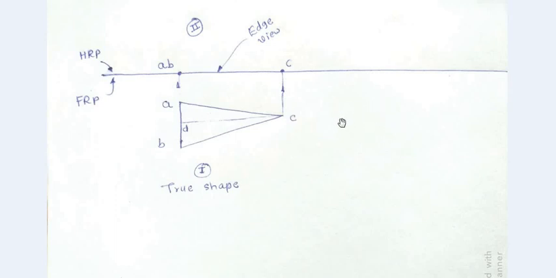Now the available top view is the first top view, which is an isosceles triangle. Now it has to appear as an equilateral triangle after its inclination with HRP, and the dimensions of the equilateral triangle are given as 40 mm. And if you look here, this base AB is of 40 mm.